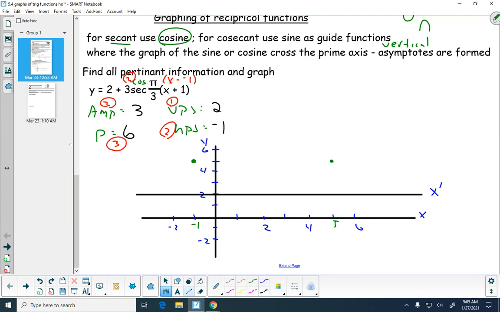Now we play our games of halves. Halfway between -1 and 5, Olivia, would be where? At 2. Okay, and that's going to be at a valley now. So what would be our y value at 2?